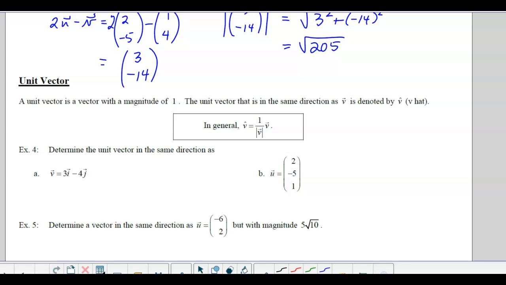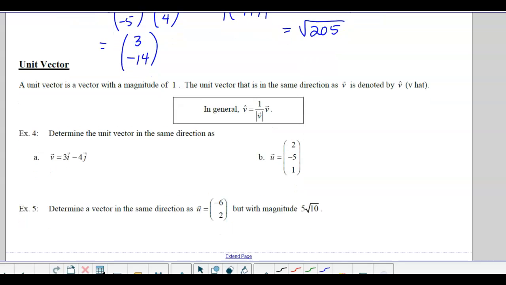Or, as it's shown here, 1 over the magnitude of the vector, so that's a scalar, times the original vector. And the notation is this little hat. So that means a unit vector. So the unit vector of v can be found by multiplying v by 1 over its magnitude.